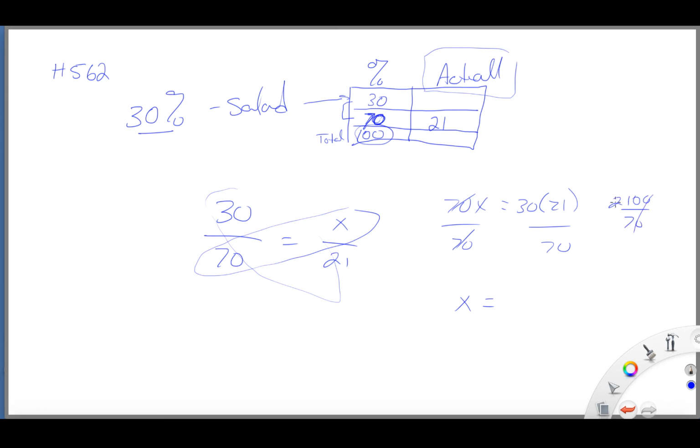We can cross out the zeros there, and we know that this equals 30 people. So if it's 30 people, then we know how many customers there were.